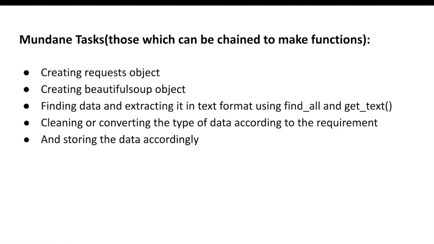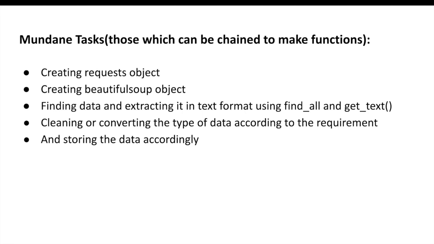Then there are the find_all and get_text methods of BeautifulSoup which we need to fetch the iterable of complete data, right? We can combine this with map, basically, so that we can have our own list of data which is pretty much clean.